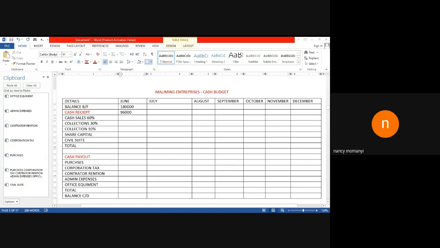No, it's not realistic. So when you are preparing a cash budget, we go backwards. So because we are in June, we'll get 30% of May. Then 2 months after sale, we will get the 10% for April. Are we together up to that end?